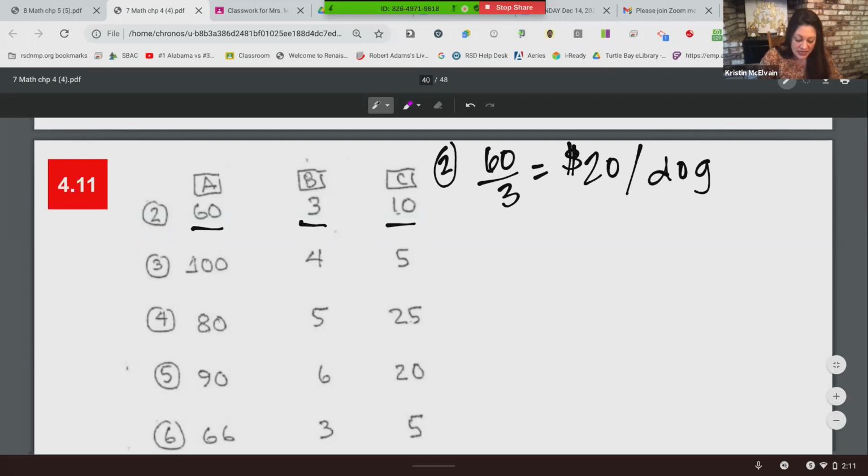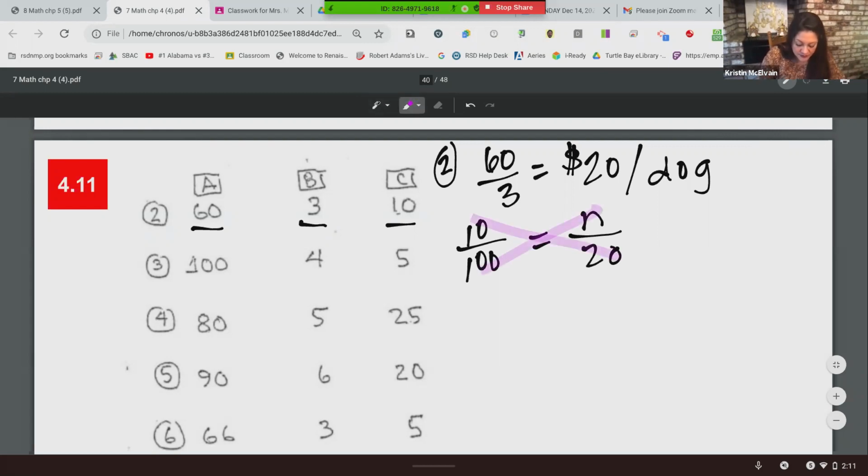All right, so now he has a 10% raise. 10 out of 100 is how much of 20? Well, we just did 5% of 20, which was $1. So I predict it's going to be $2. Okay, so let's see here.